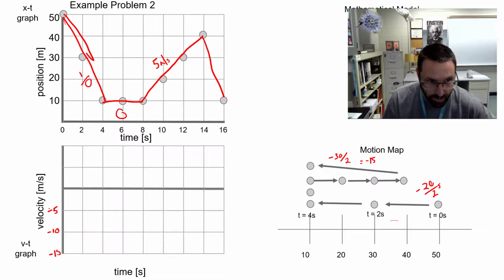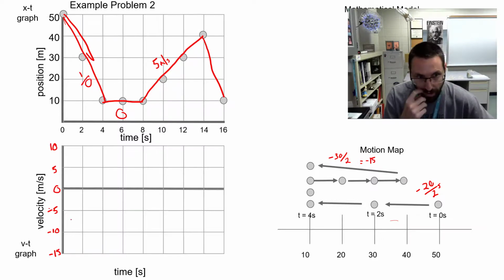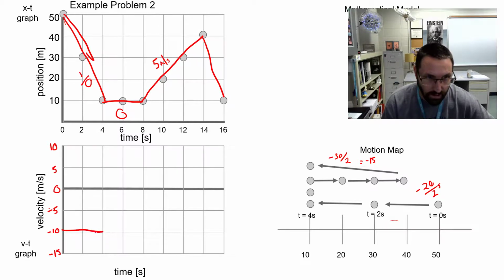I didn't have this labeled, but I know I have to be able to fit all of my information on there. So if I scale it by 5s on these dots, I can now plug in. For the first 4 seconds, we had a constant velocity of negative 10. I like to shade these in, and by shade in, I mean draw the arrow lines all the way up to wherever 0 is.